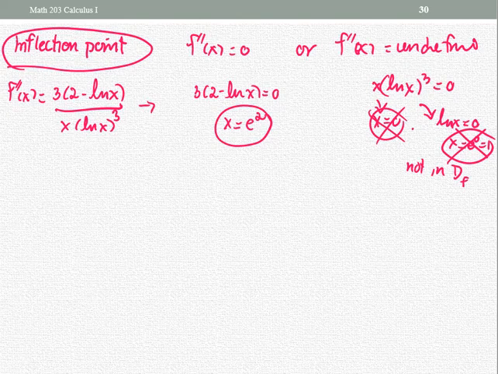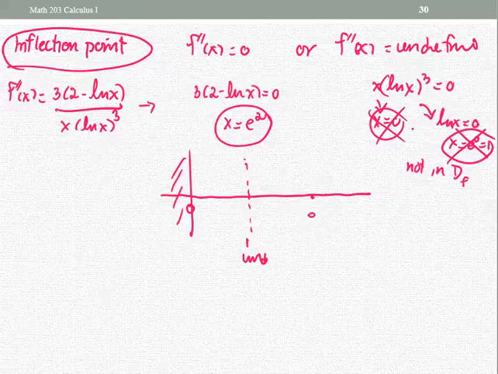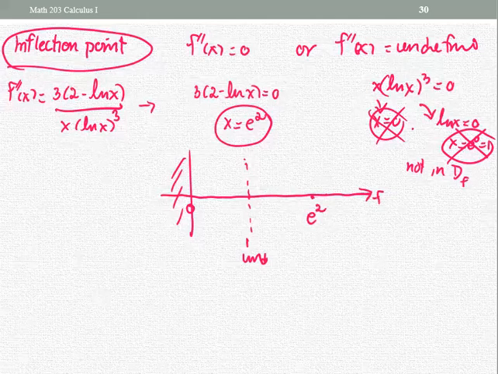Target on x equals e to the power second. Draw the real number line, the domain, anything above 0, skip the value 1, which is the undefined point, and then locate the point x equals e to the power second. And this is the line for the f double prime.